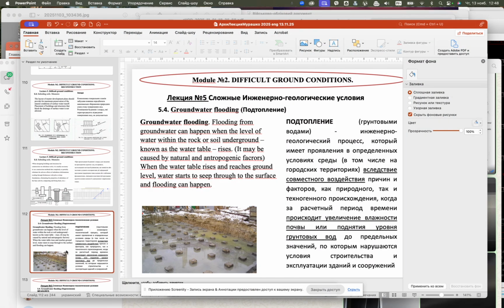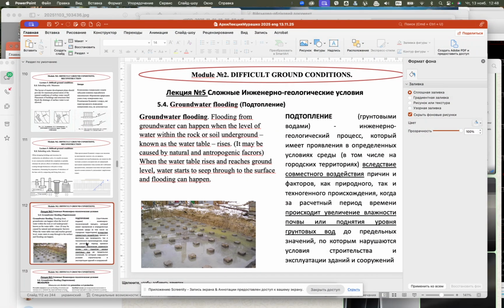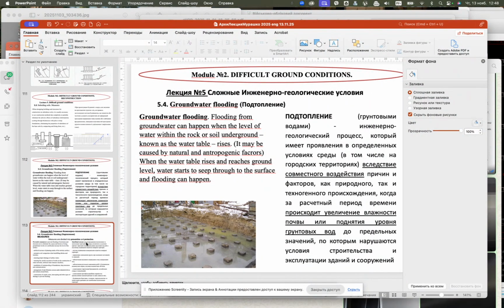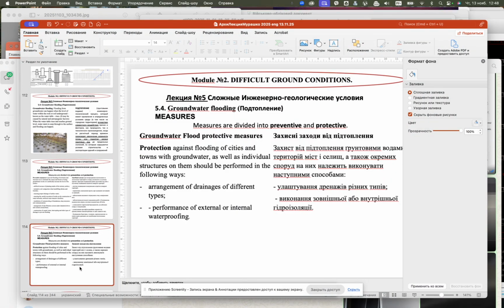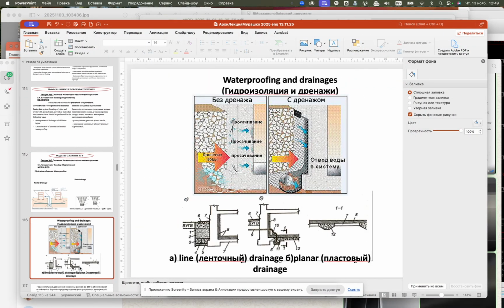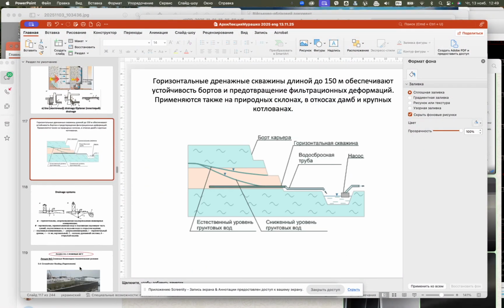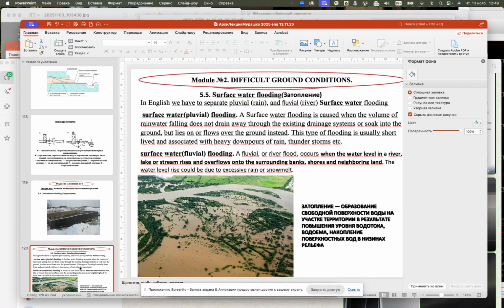And next, which we analyzed today, was groundwater flooding. It's an increase of the underground water level, and we should protect against it by artificial increase of planning marks, drainages, water protection, etc. And the last one that we considered today is surface water flooding.